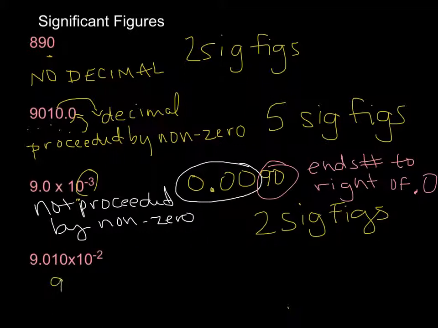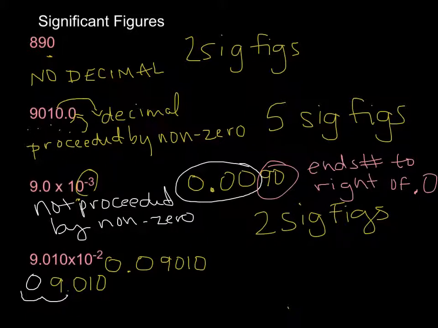If we move our decimal 2 places to the left, that leaves 1 blank spot. Fill it in with a 0. So our number then becomes 0.09010. And we can put a 0 here in front as a placeholder to make it more obvious.